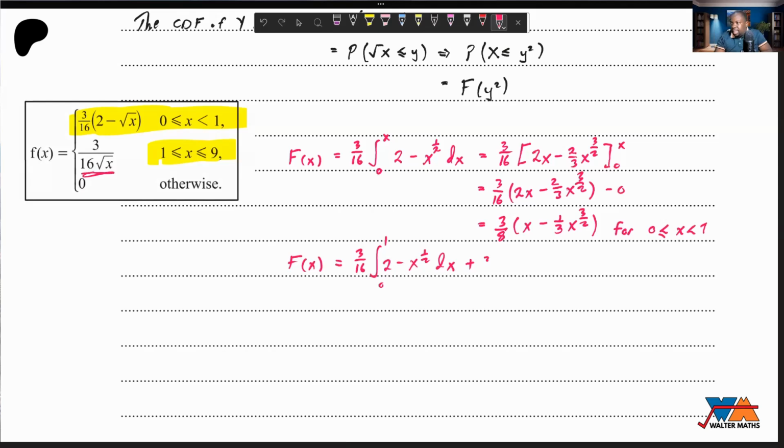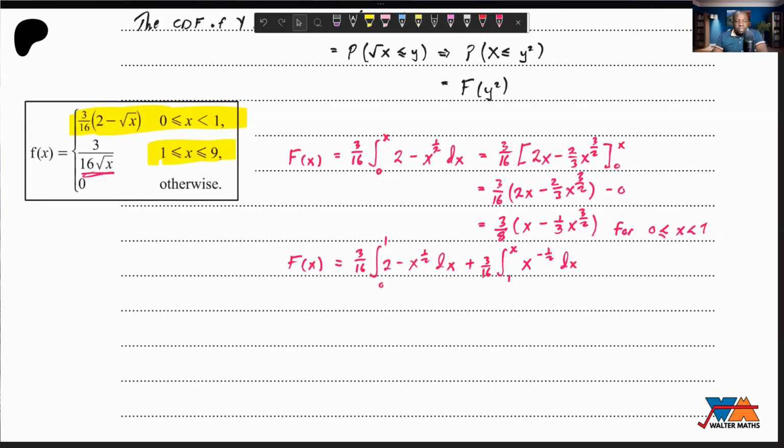That's 3/16 of the integral with the limits 1 up to a certain value of x, of x to the power of negative a half with respect to x. So this is what we are dealing with right here.